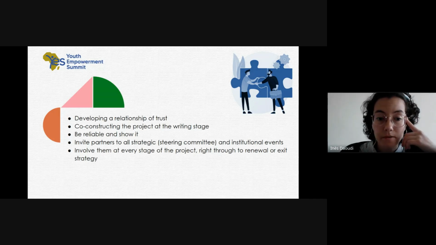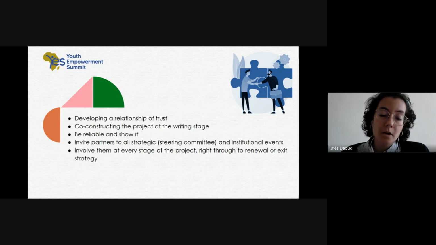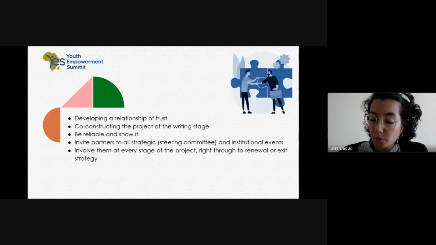Let's talk again about the UN, but for example, they have their own risk assessment. So if they consider you as a low-risk organization, they will be willing to work with you for long-term projects with a higher amount of money and with light monitoring, because you have a low-risk assessment.